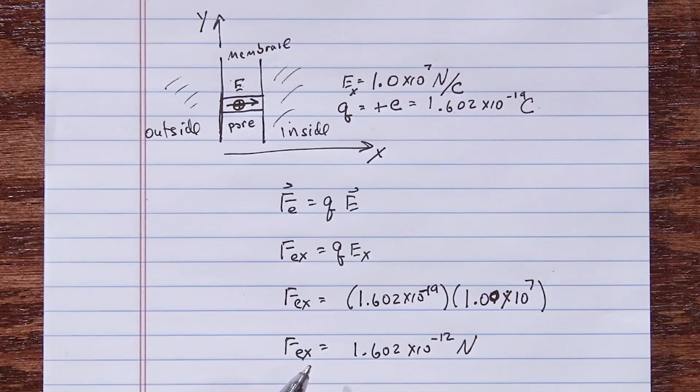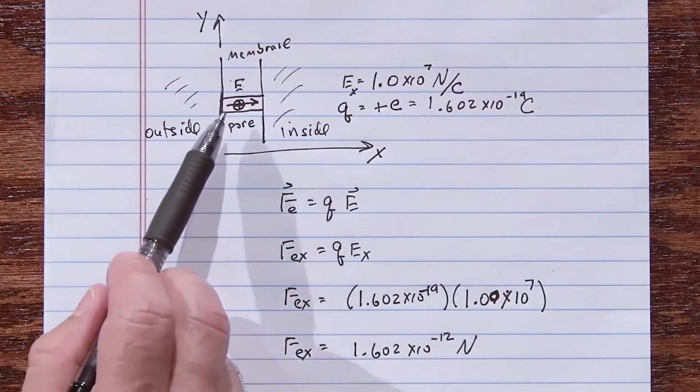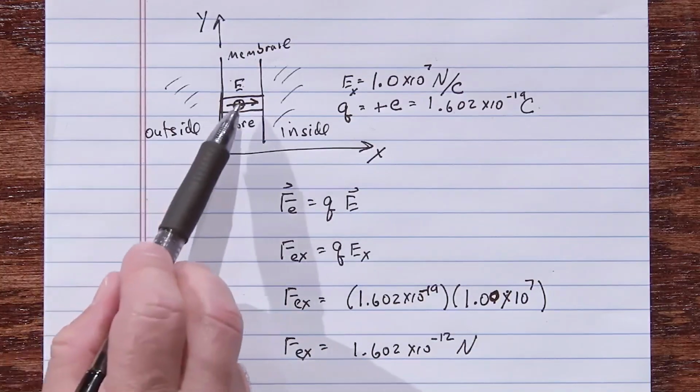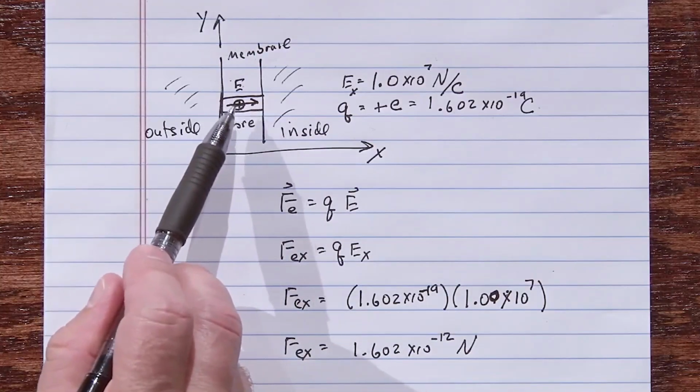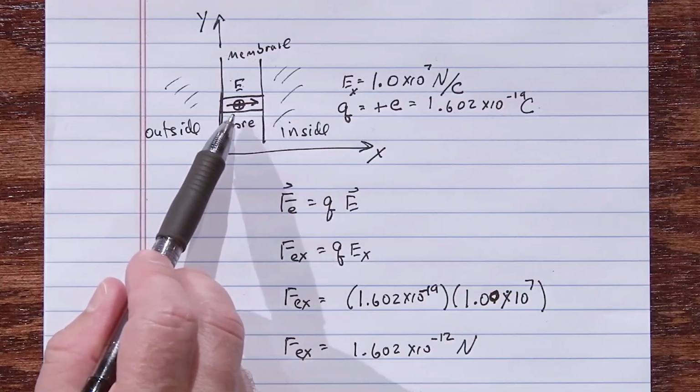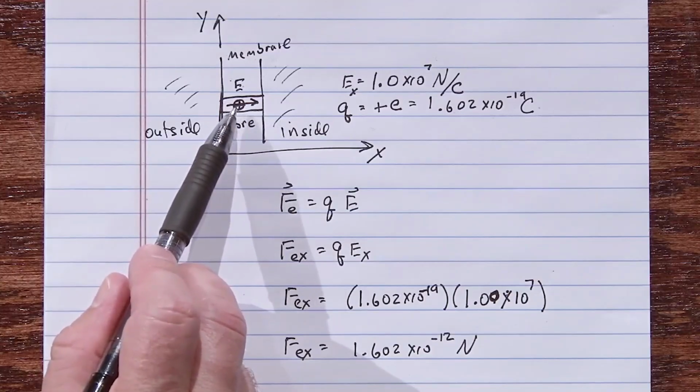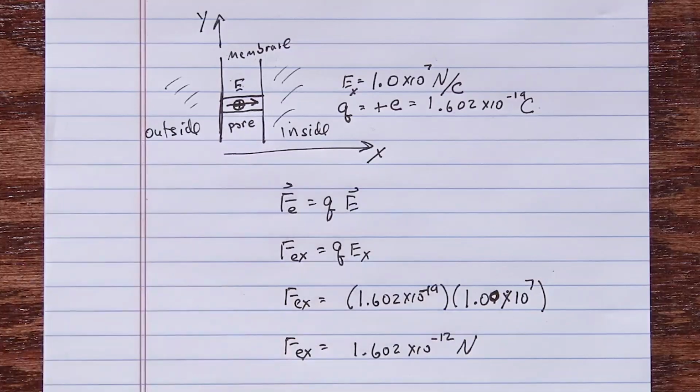This is the x component of the force, and it is a positive number. So if the electric field is pointing into the cell across the membrane, then the sodium ion will feel a force in the positive x direction, or into the cell. So for a positive charge, the electric field pushes that charge in the direction of the electric field.